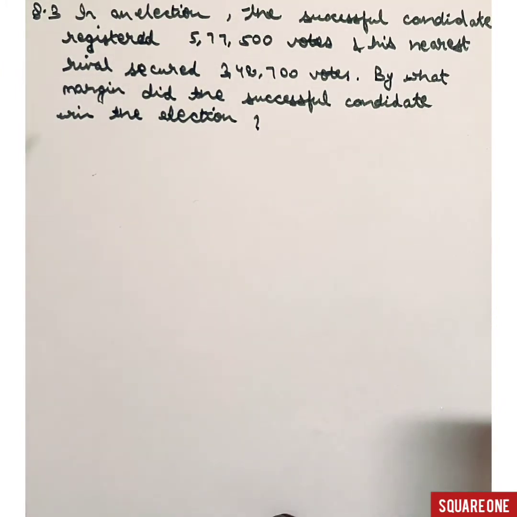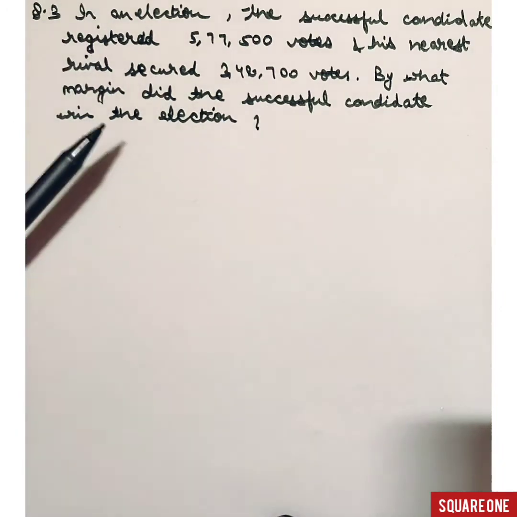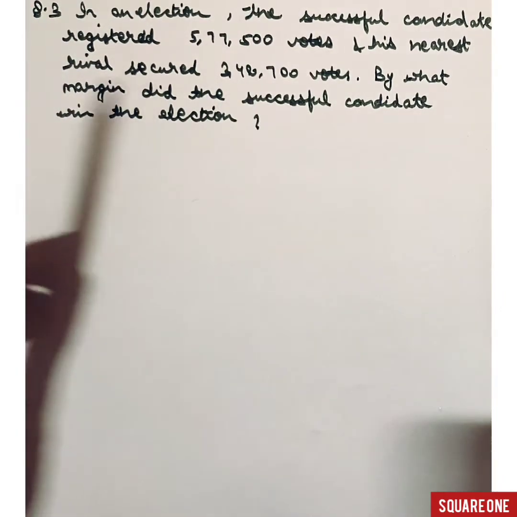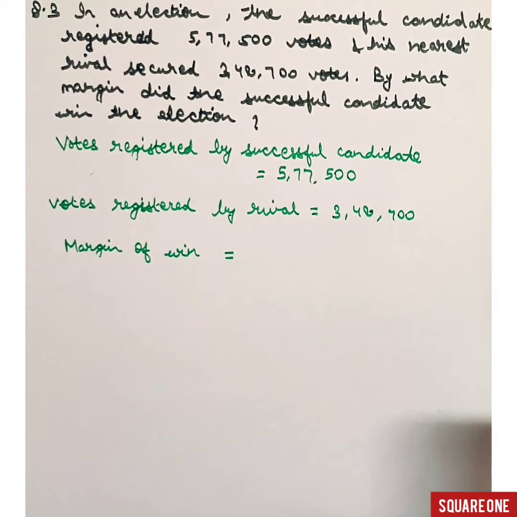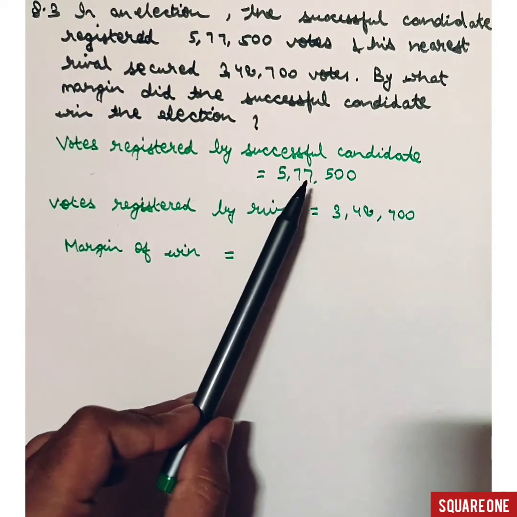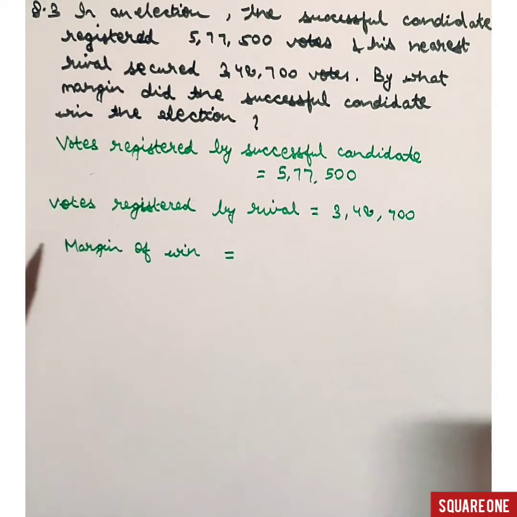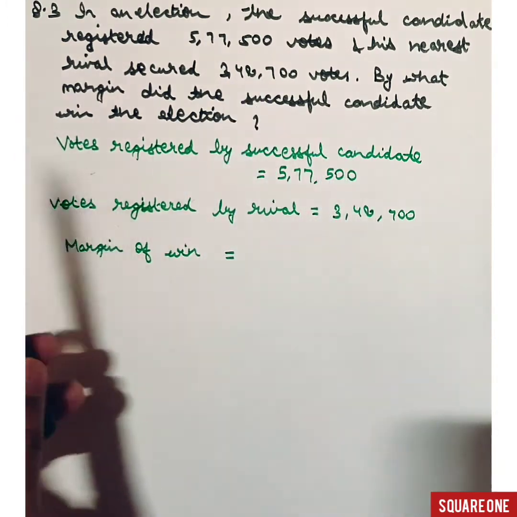In questions where we have to find out how much more, or where we have to find out the margin, we have to subtract the numbers. Okay, we have to find out the difference. First, we write down whatever is given to us. We have been given votes registered by the successful candidate as 5,77,500. Then we have been given the votes registered by the rival, which are 3,48,700.